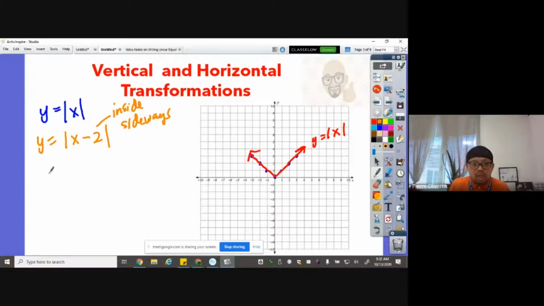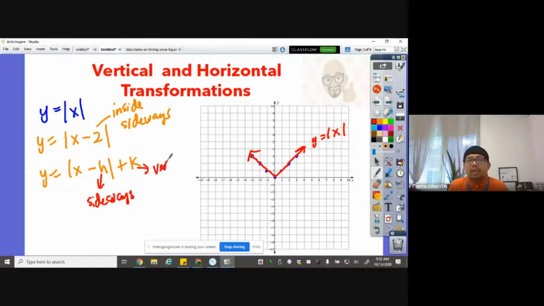If you have y equals the absolute value of x minus h, plus k, this should be the format. The h tells you how much it will move sideways. The k tells you to move vertically. So this is not sideways. This can be done horizontally.